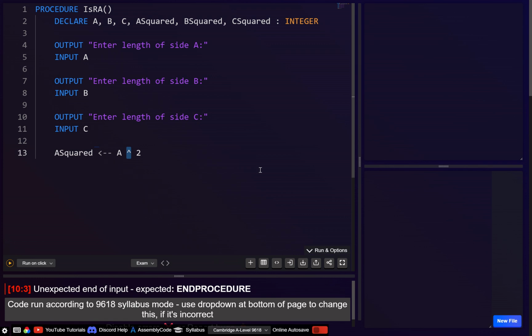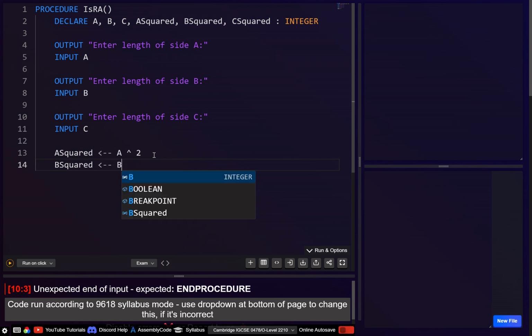However, if you do want to do exponents in A level, you can use this double asterisk, which I've also seen used in previous mark schemes. Or if you do specifically want to use this, you can set the syllabus to IG, and that'll work, since for IG there's no pointer operator.